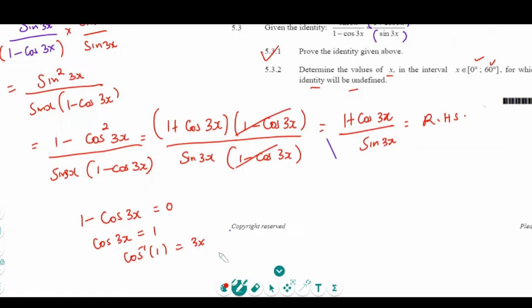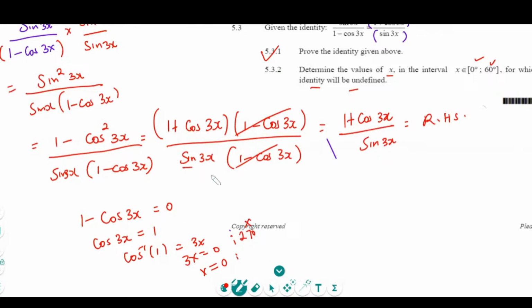Shift cos of 1 is giving me a 0, which means 3x is equal to 0, which means x is 0. Okay, that is number 1. Can we have even 270? The cos of 270 will also give us a 0. But 270 divided by 3 is not going to be part of the range that we want, so that is out.